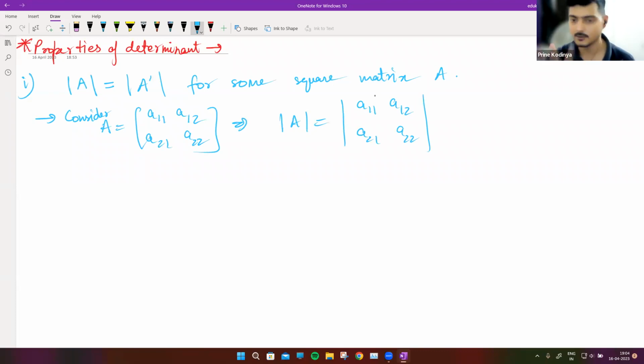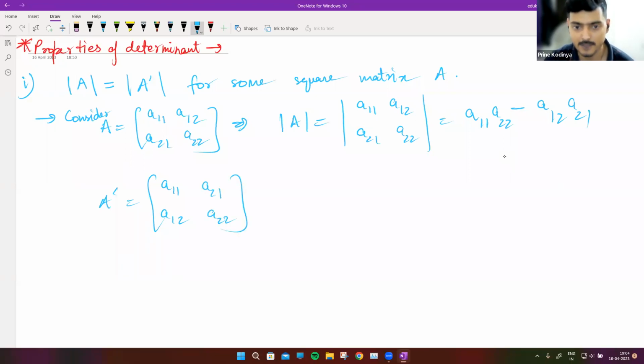The value of this determinant is A11 A22 minus A12 into A21. Now consider A dash: your first row, A11, A12, becomes the first column, and your second row becomes the second column. Now let's find the determinant. See, this is the same.